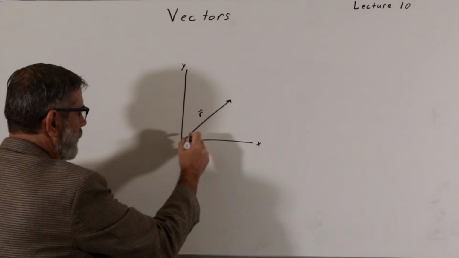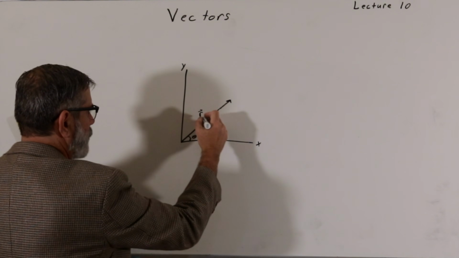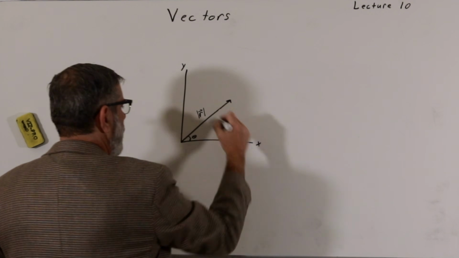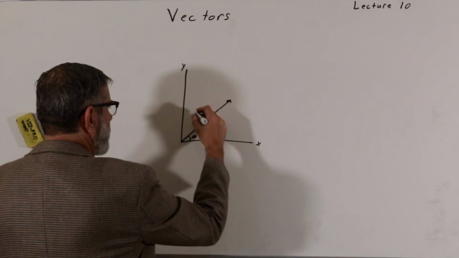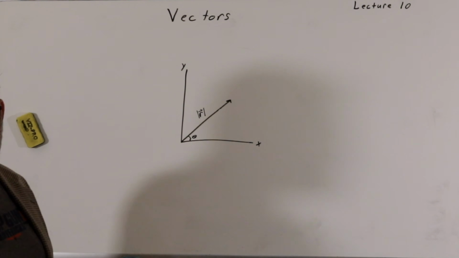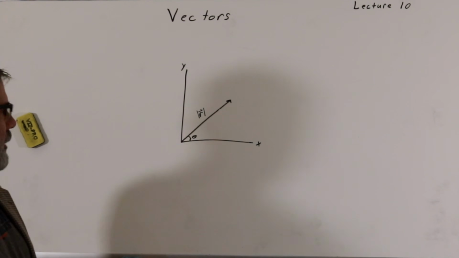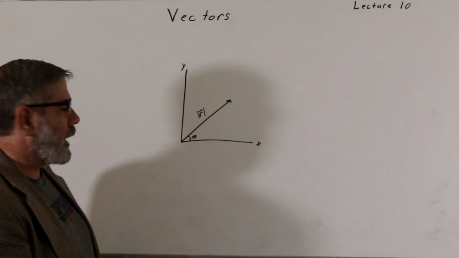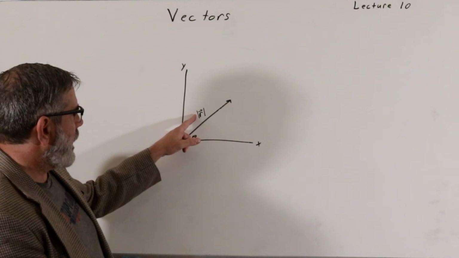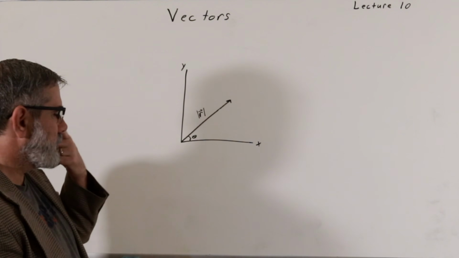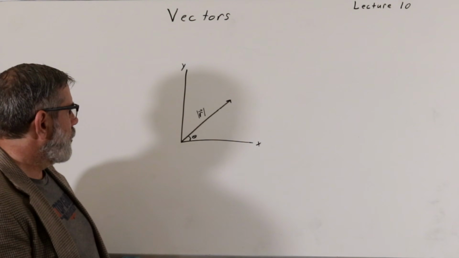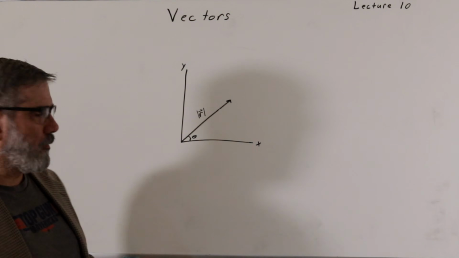So that's one way to specify a vector. The magnitude of this vector, we would write using absolute value signs. Sometimes people put double bars on each side, but I'm not going to do that because it looks messy on a whiteboard. So I'll just write it like an absolute value sign. The magnitude is the scalar value of it, and we'll talk more about how to get it.